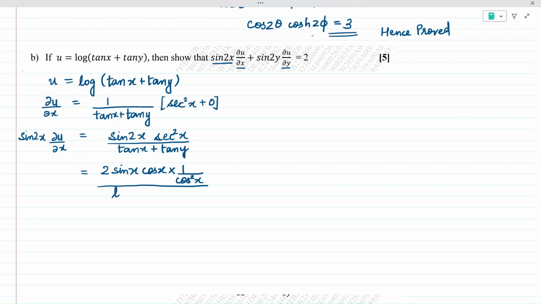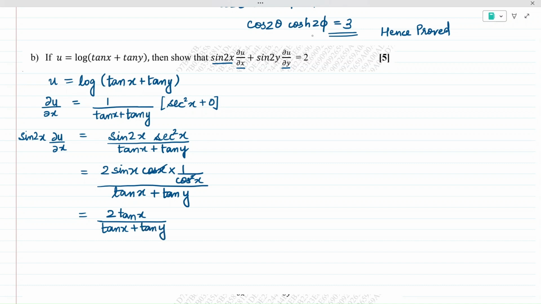Denominator still remains the same, no changes. One of the cos term gets cancelled. We are left with 2 times sin divided by cos which becomes 2 times tan. और denominator में tan x plus tan y आ जाएगा.